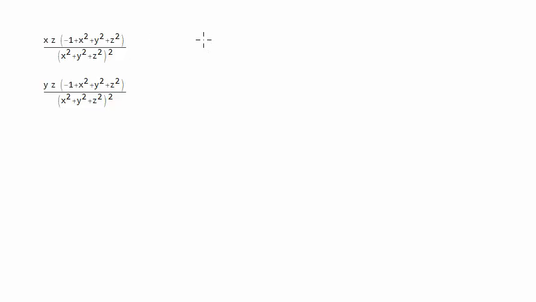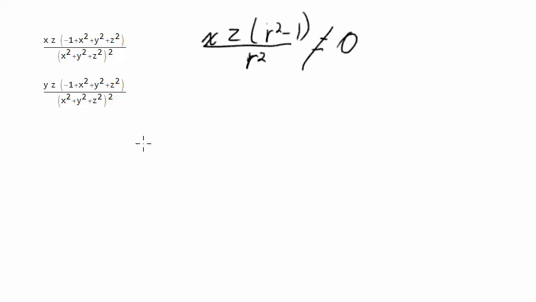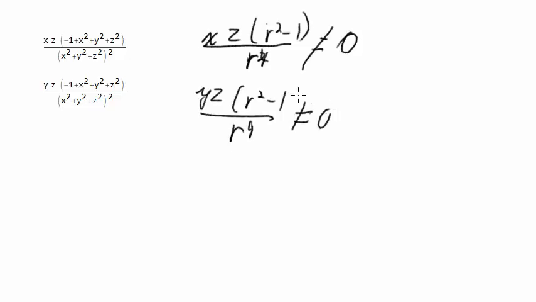This one is xz times r squared minus 1 over r squared, which would be not 0. And this one would be yz times r squared minus 1 over r to the fourth, which is also not 0.